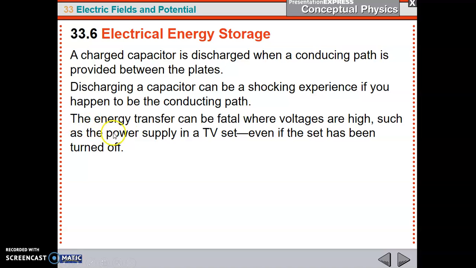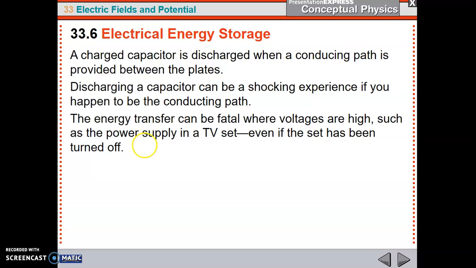The energy transfer can be fatal where voltages are high, such as the power supply in a TV set, even if that set has been turned off. Now, this is true when I was a kid in the 70s, 80s, and 90s. But nowadays, all the TVs are flat screens. Flat screens do have capacitors in them, and some of them are dangerous.